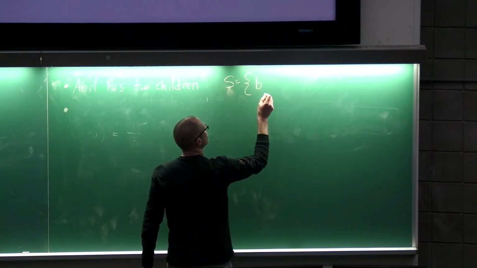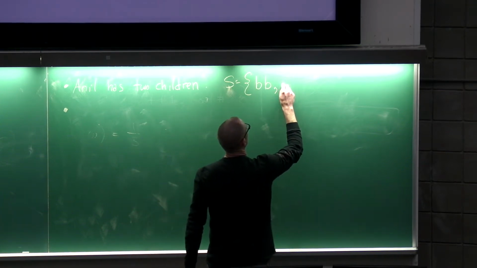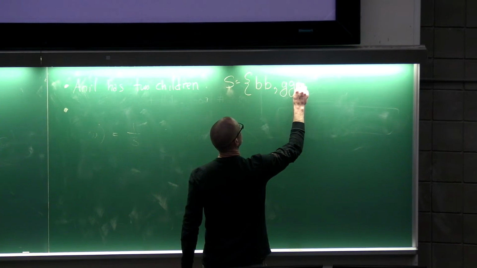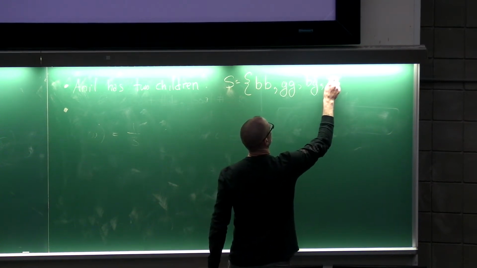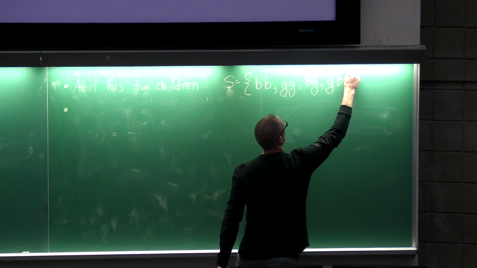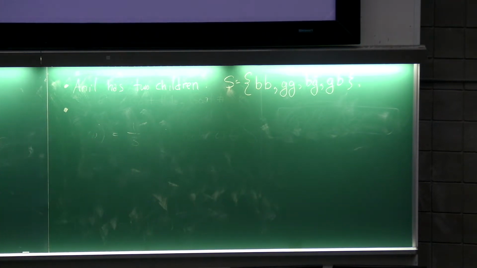The first child is a boy, and the second child is a boy, or the first child is a girl, and the second child is a girl, or the first one is a boy, the second one is a girl, or the first one is a girl, and the second one is a boy. So that's, when you just read this statement, this is what you might think immediately.